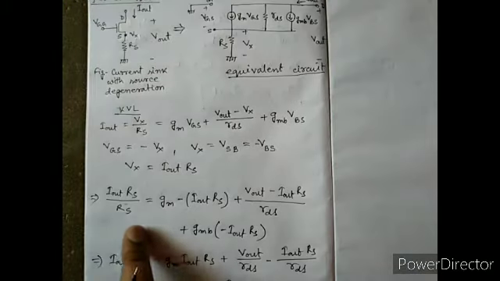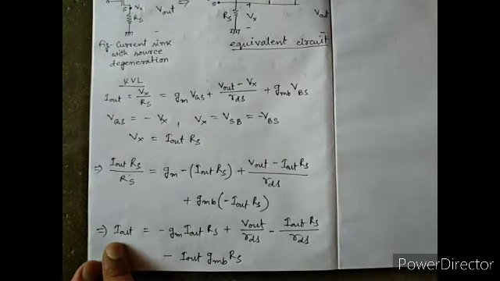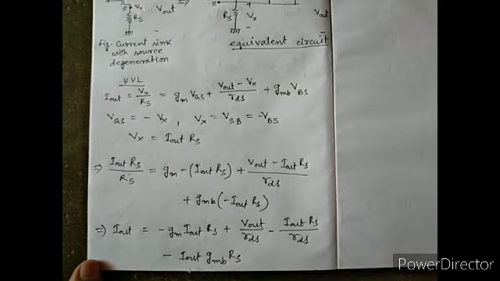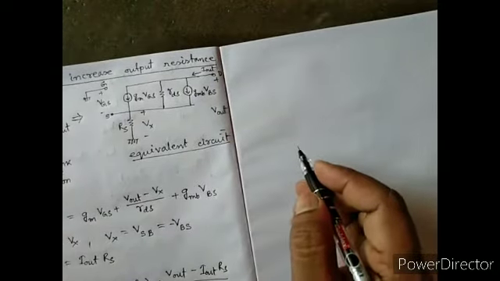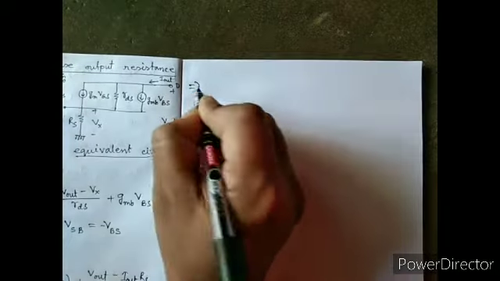Now if we simplify this part, Rs will cancel out, and I out equals minus Gm I out Rs plus V out by Rds minus I out Rs by Rds minus I out GMB Rs.